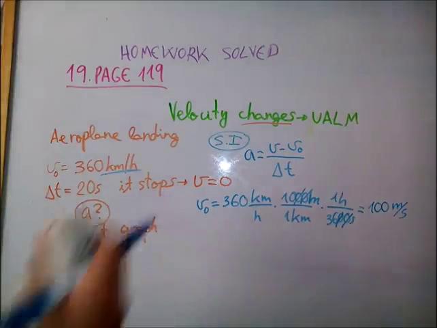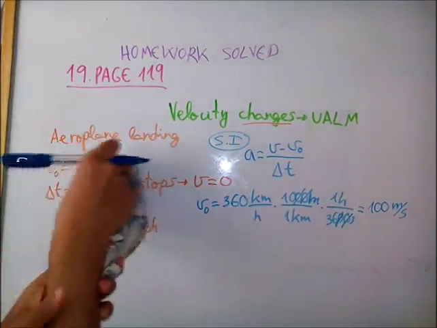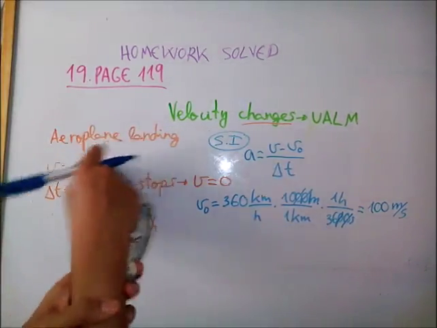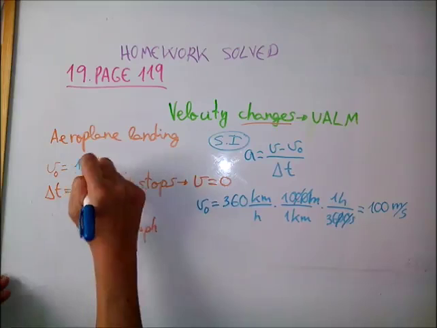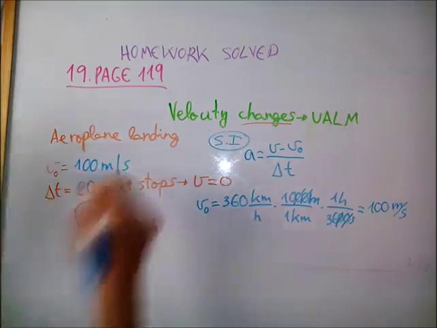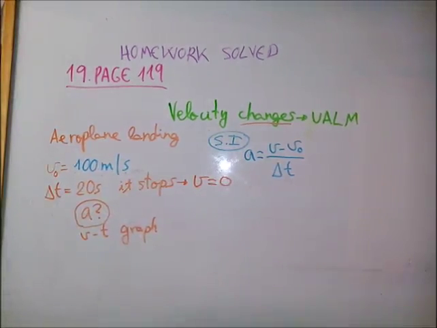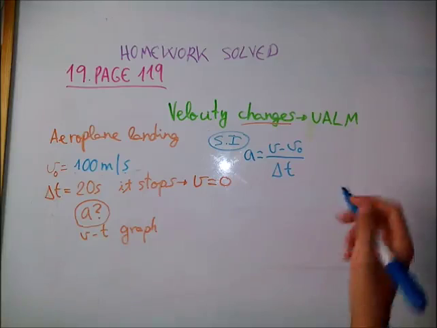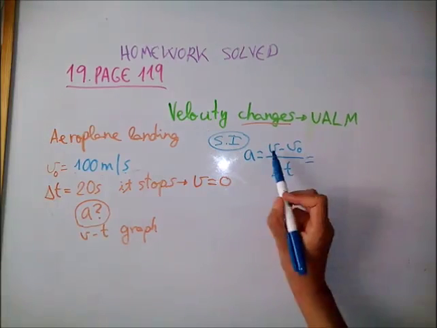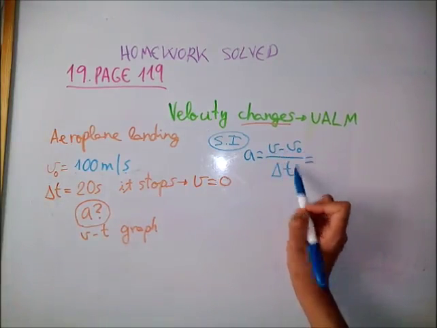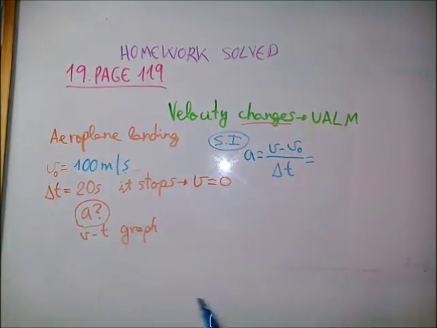I'm going to erase this initial data so that I can write it in the most comfortable way, which is 100 meters per second. I can erase these calculations that I do here. And now it's time to determine its acceleration. So we know acceleration is equal to final velocity minus initial velocity divided into time.